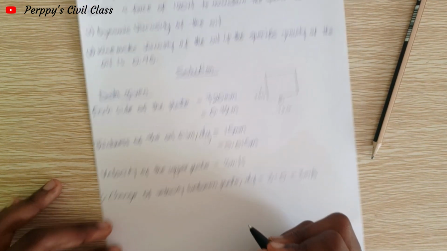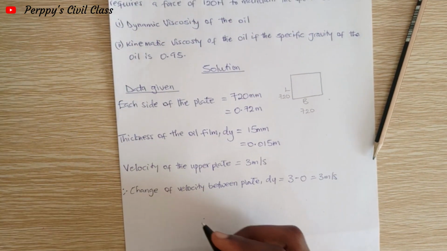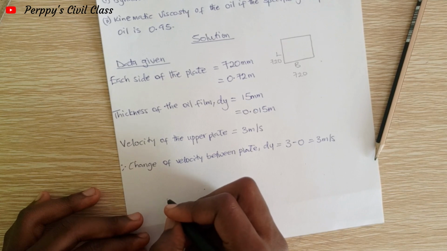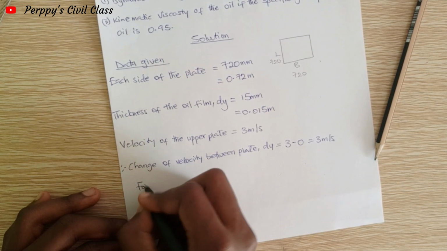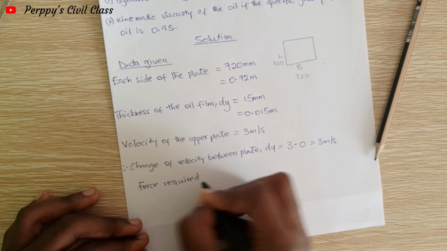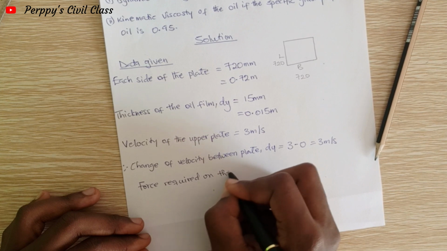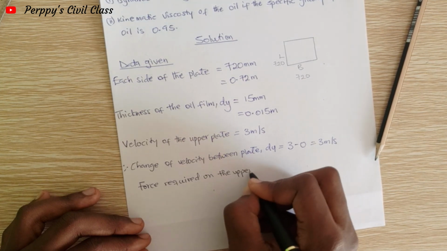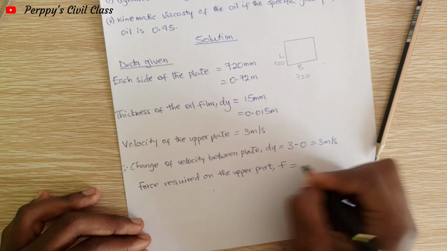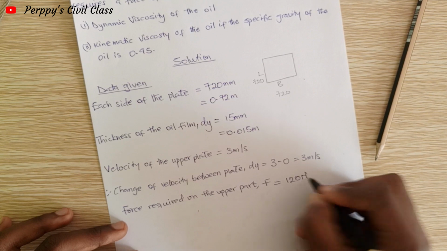What else? The force required to maintain the speed on the upper plate, which is F, was also given as 120 Newton.